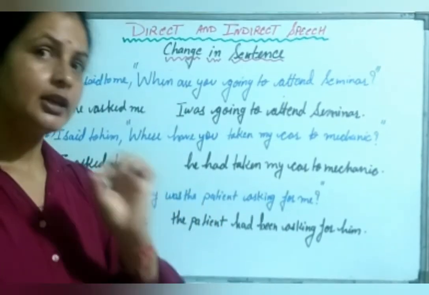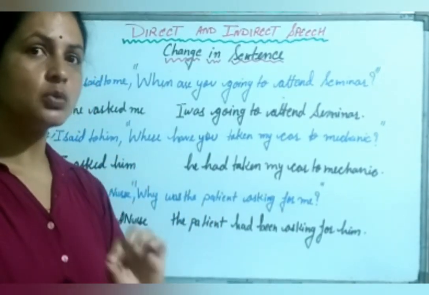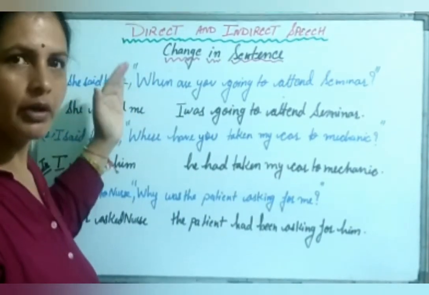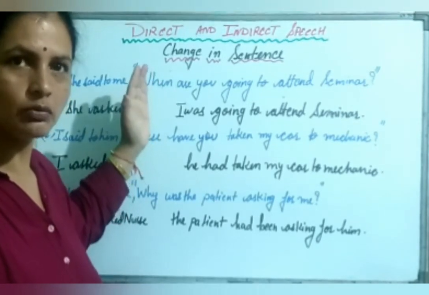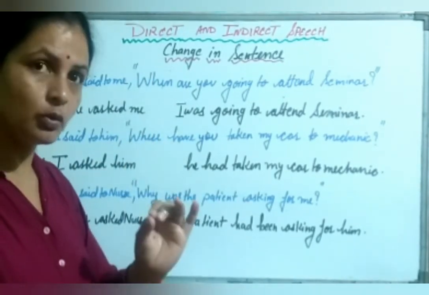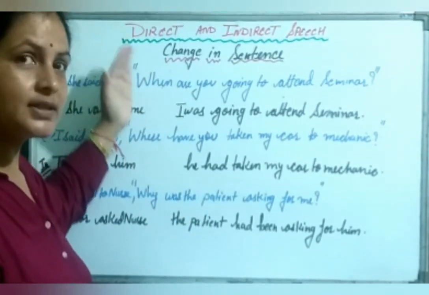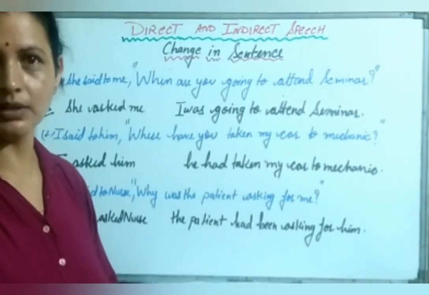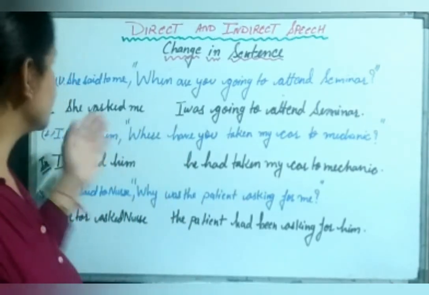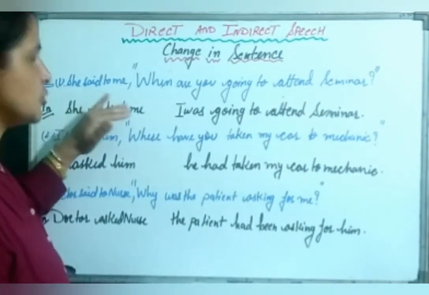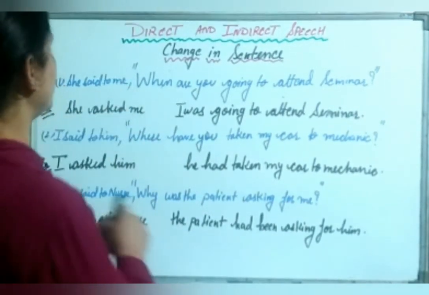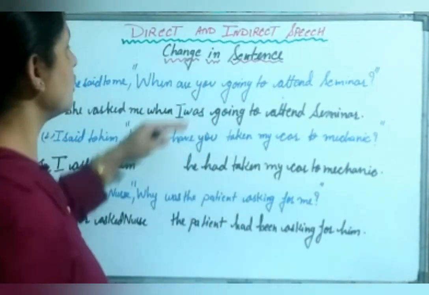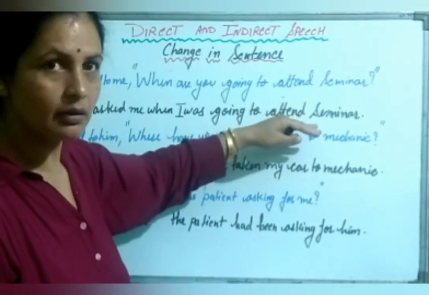But if the reported speech starts with question words like when, where, why, or any of the question words, that time we use these question words as connectors in indirect speech. Okay, let us see that. She asked me when I was going to attend seminar.